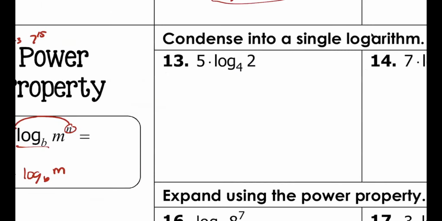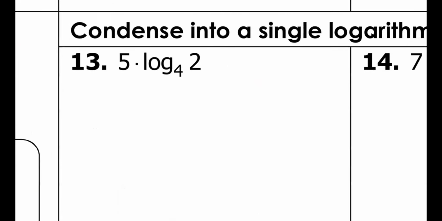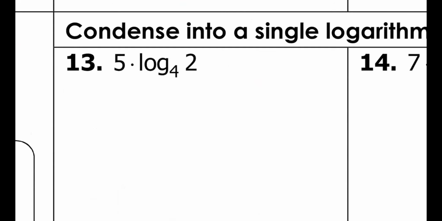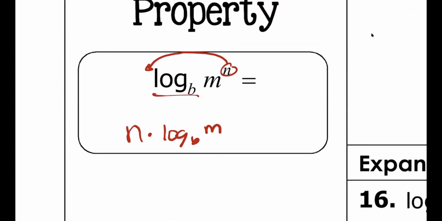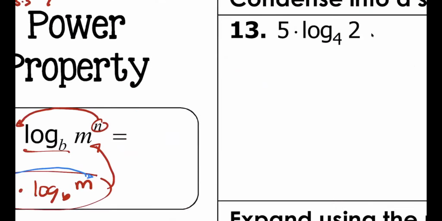Okay, let's try some. So number 13, let's condense. So now I have 5 times log base 4 of 2. I want to make this into a smaller log. So what I can do is I can do the opposite of what this rule says. They give me this, and I want to go back to here. So if I have a number in the front, it's just going to go back as an exponent of m. So we're going to do that here.